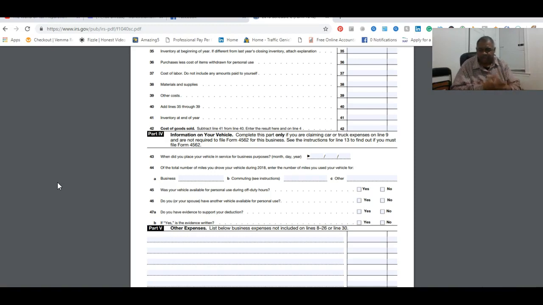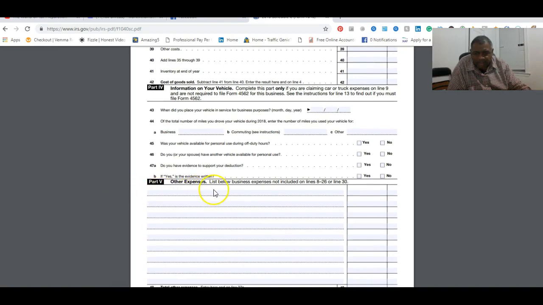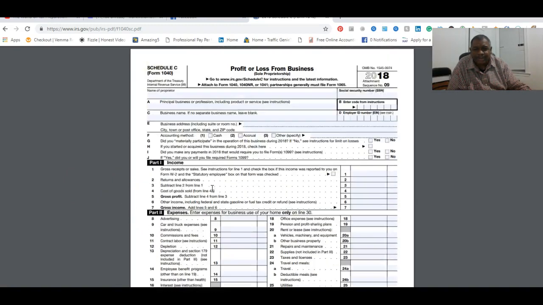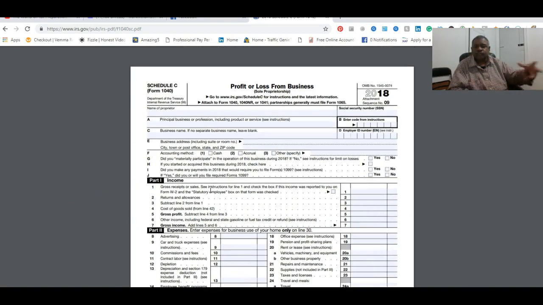Like I said, if you have a vehicle that you directly use in the operation of the business, if you plan on using mileage or actual expenses, that information will go right here. And like I said, Part 5 was other expenses. So basically that's the overview of the different line items that you would deal with.